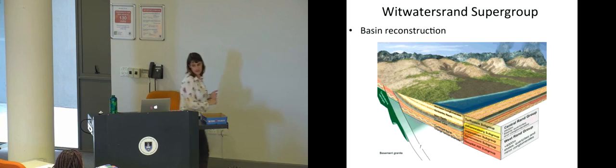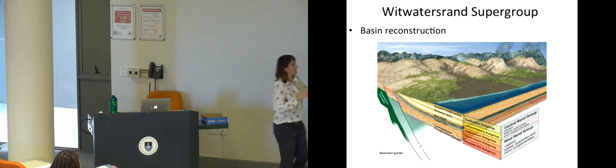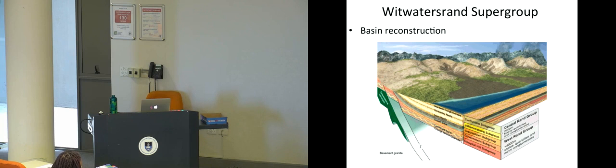So this is a reconstruction of how we imagine the Witwatersrand supergroup looked. We've got our Kaapvaal craton, and we've got a hinterland, with the granites and the greenstone belts, where our craton has been rifted, and we imagine we would have had shoulders of a rift and a kind of mountain land. And then in the interior we have the shallow inland sea.